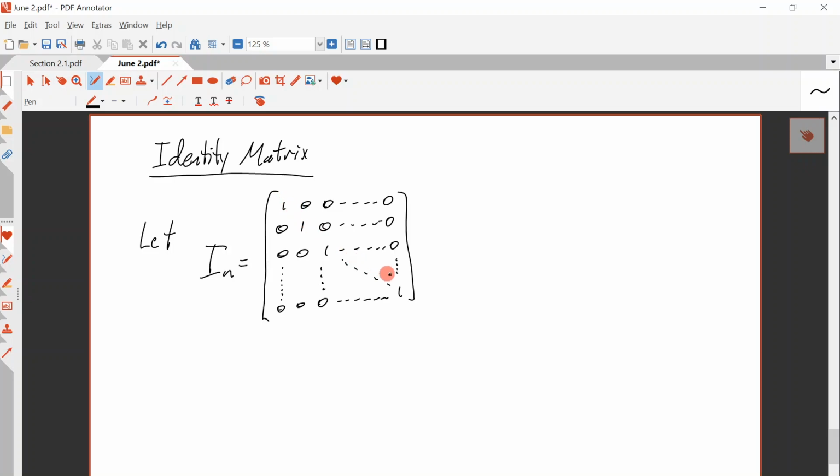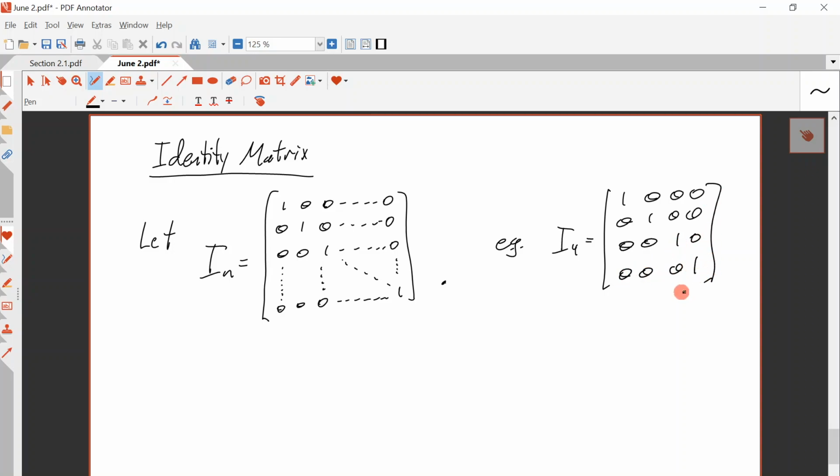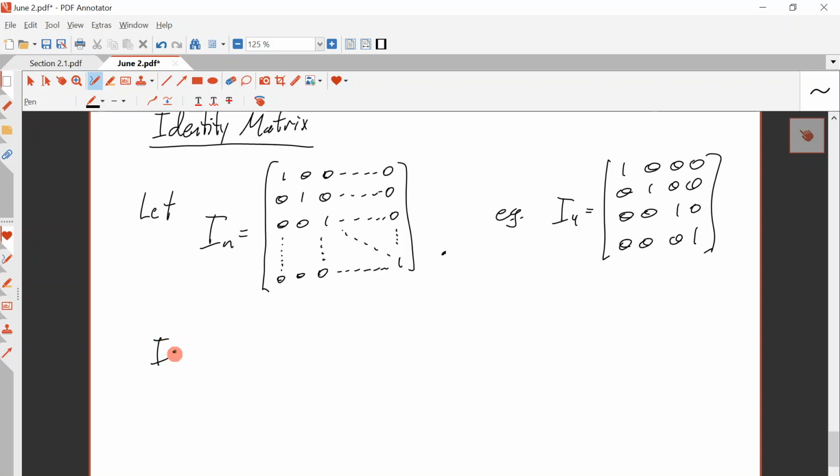You've got 1s along the diagonal and zeros everywhere else. For example, I_4 is 1, 0, 0, 0, 0, 1, 0, 0, 0, 0, 1, 0, 0, 0, 0, 1.